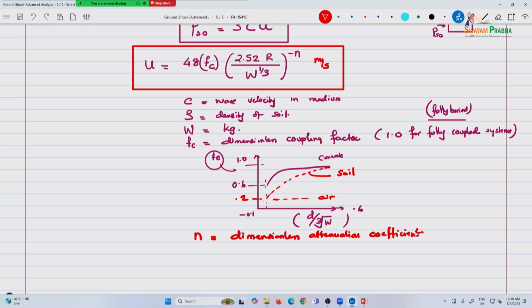Which one? D is the distance. Yes, R is the distance, and D is the depth of the barrier.